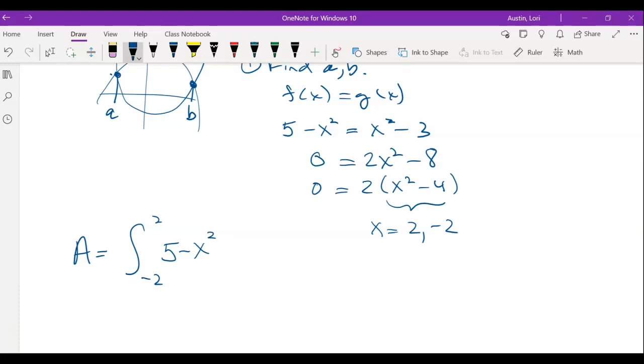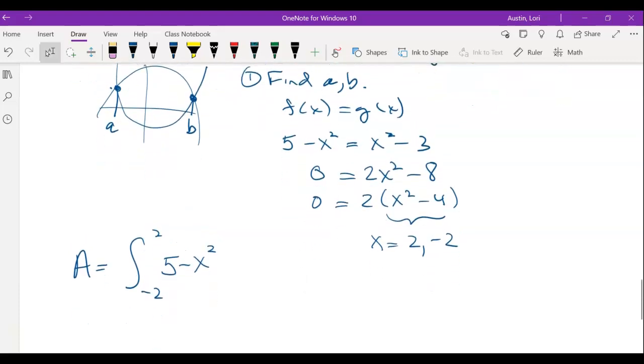So you're always, no matter what, going to do f of x minus g of x. Does that make sense? You don't have to know which one comes first, but you will likely have to find those boundaries. So you've got to figure out your a and b values by setting them equal to each other and solving for x. So 5 minus x, watch your signs.